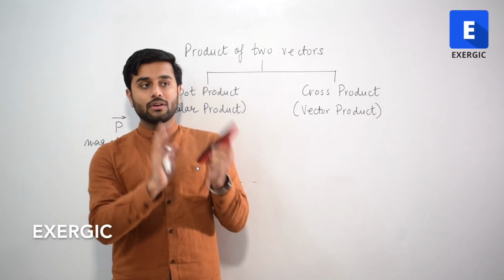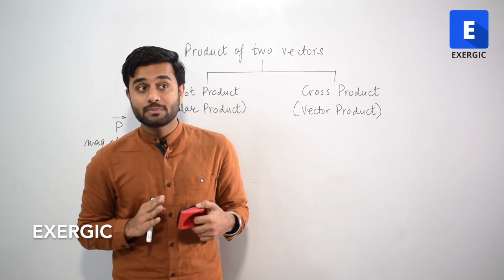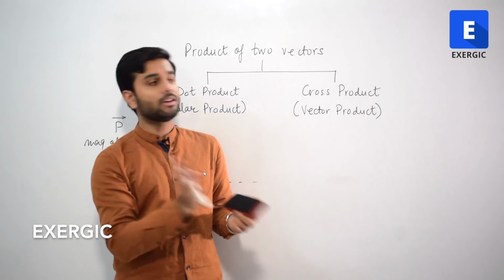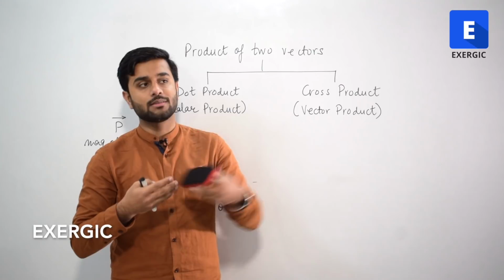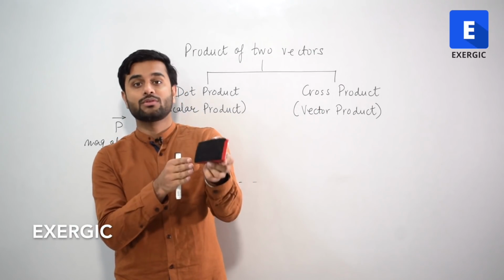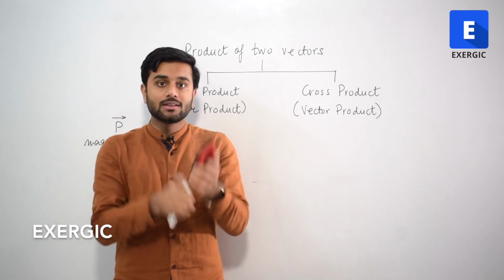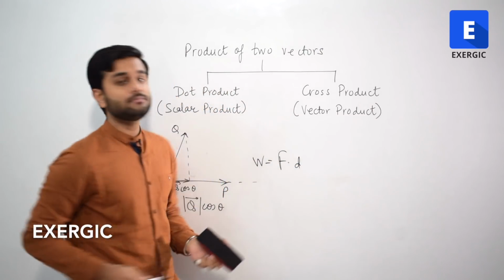Whatever work is done by a force is measured by the displacement in the direction of force only, not in any other direction. If there is displacement in some other direction, we take a component of that in the direction of force, and then we multiply force and that displacement to get the work.